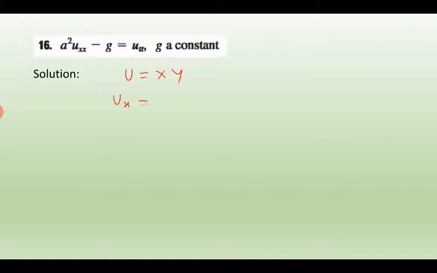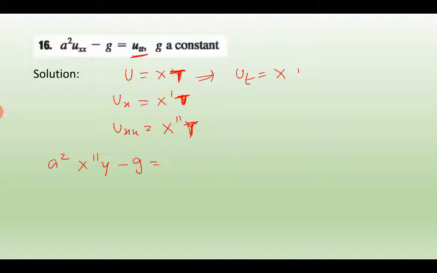u is x y. We want only u x and u double x prime y, u double x double prime y. Use them in this equation. Of course this is not y, this is t, because the right side is u t t. u should be a function of x and t.